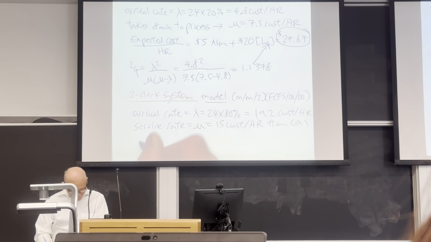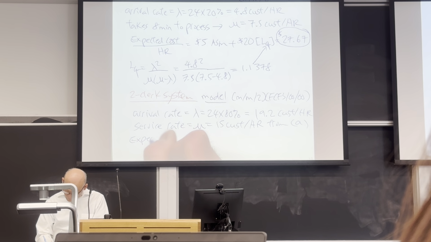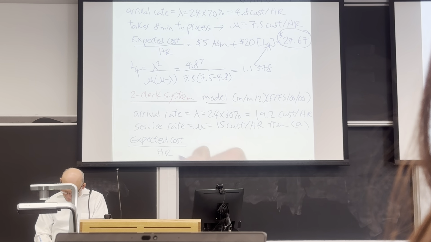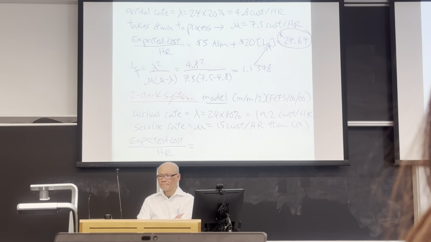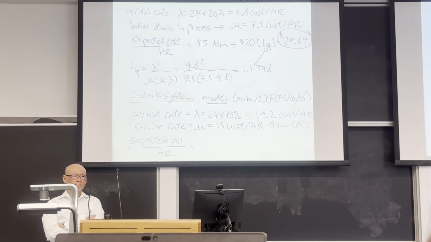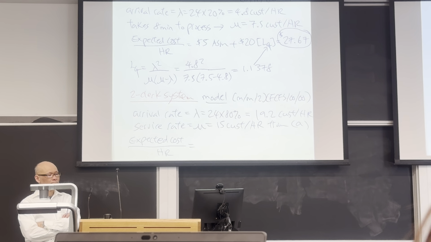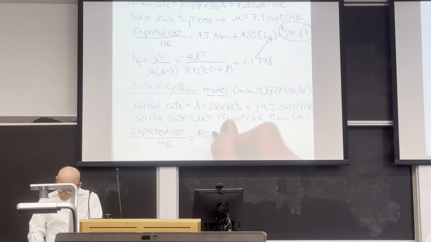Again, we have to calculate the expected cost per hour. And so we have $12 for each clerk, and now we only have 2 of them.